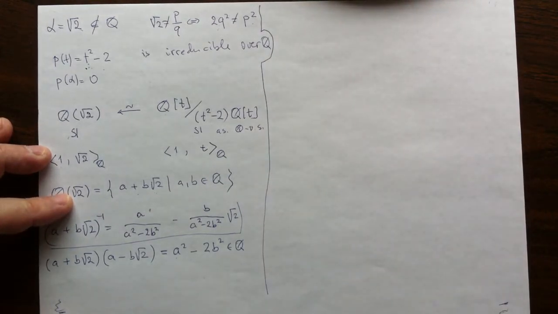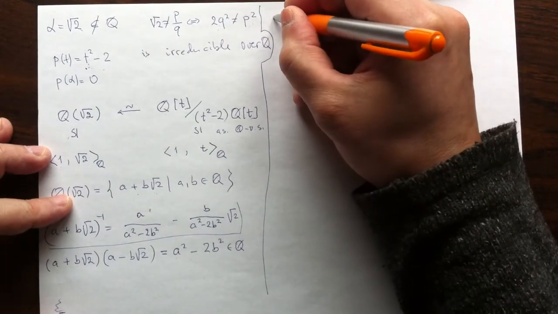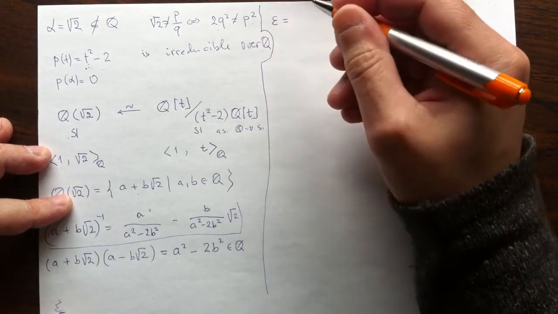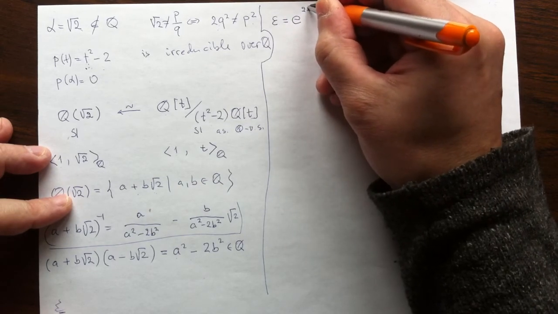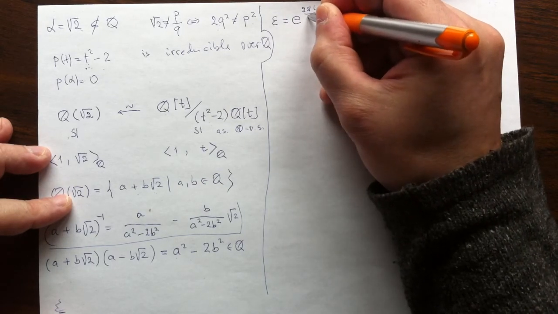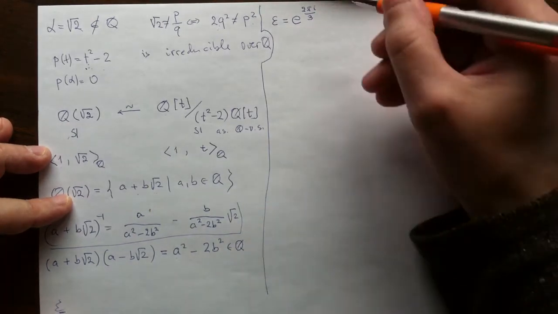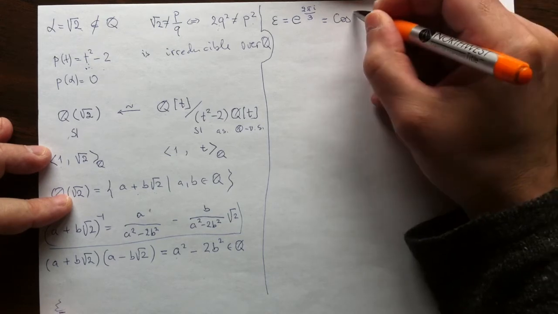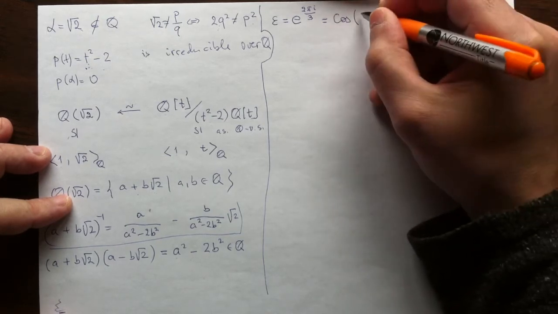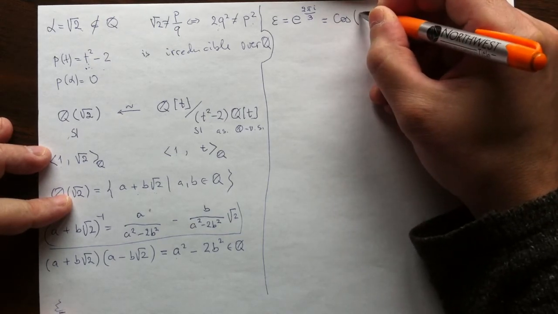So now let me look at the second example. The number will be a primitive root of degree 3 of 1 computed in complex numbers. So this is a compact Euler notation for it, which is an abbreviation of this complex number notation.